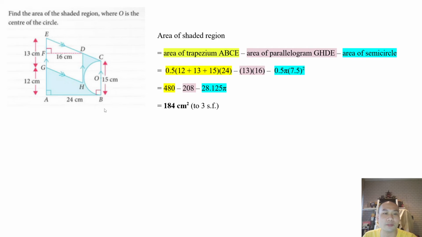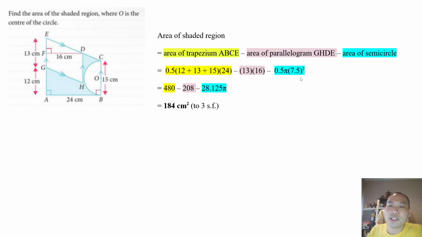Sometimes the question provides the diameter instead of the radius, and a common mistake by students who are too eager to solve the question is to carelessly put down 15, the diameter, squared instead of the radius squared. You have been warned, students, so be mindful about that.